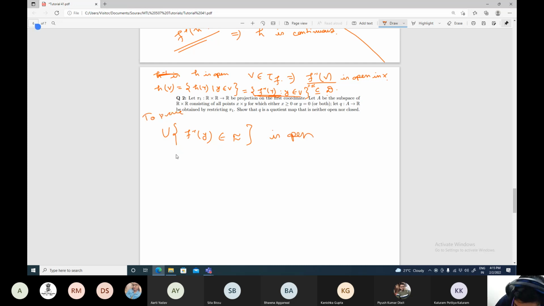But what is this set? This is actually this one, F inverse of Y, and this is actually F inverse of V, I can say. Let me give you a clear argument. There's nothing to worry.